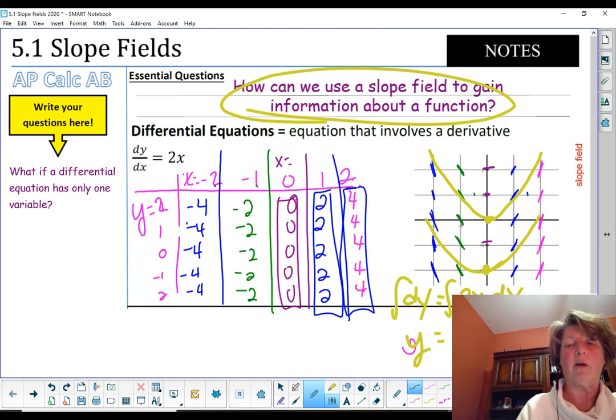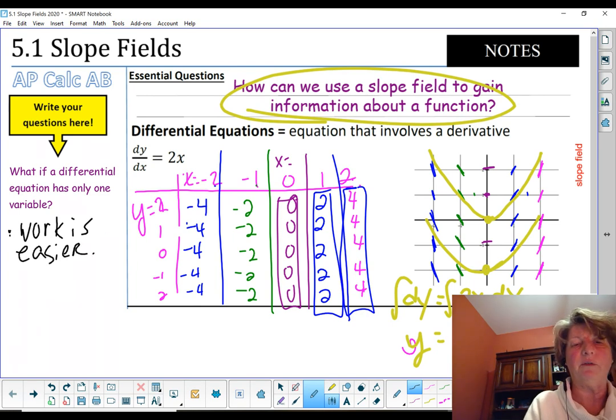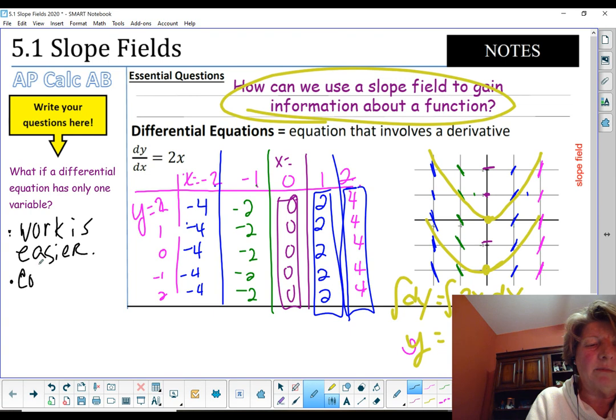Well, that actually makes our work easier. Why is it easier? Because it was just a lot easier to create this table, wasn't it? Because we noticed that columns take on the same slope.